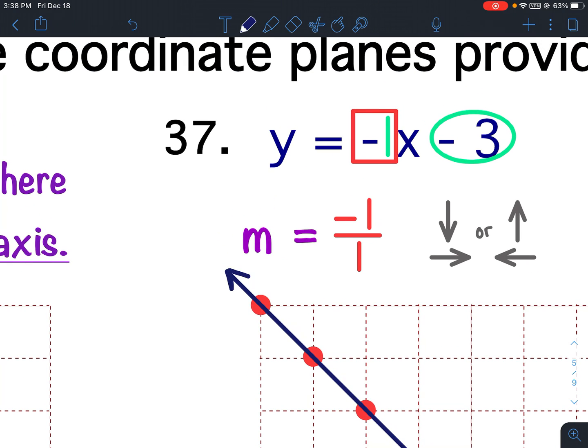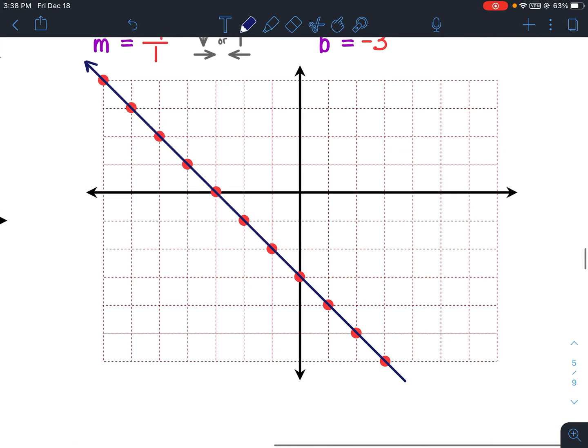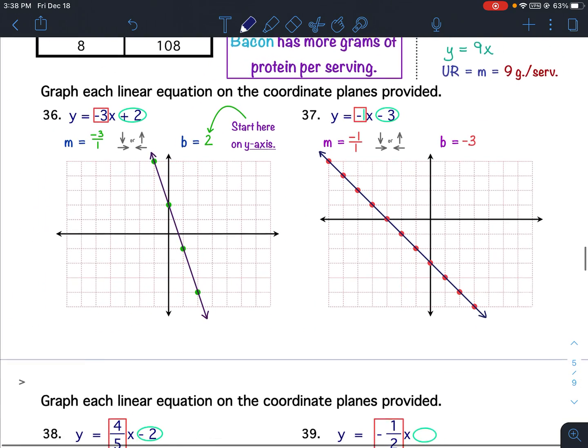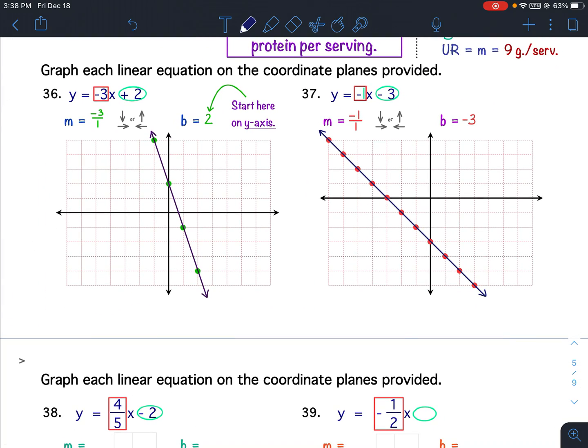And then don't forget your arrows at the end. Again, pause your video, get everything written down.